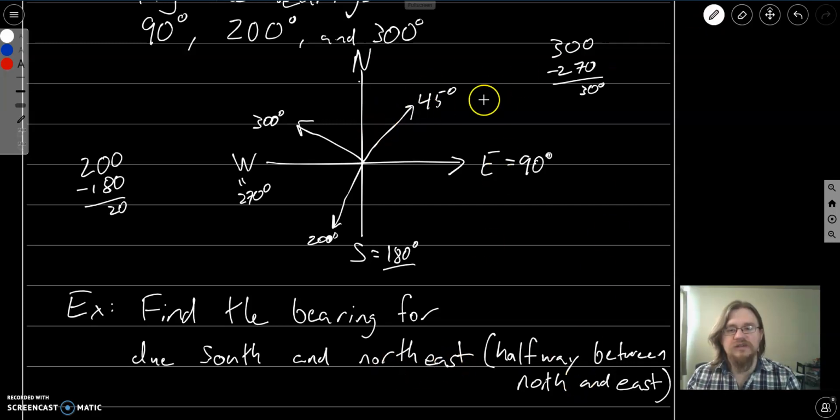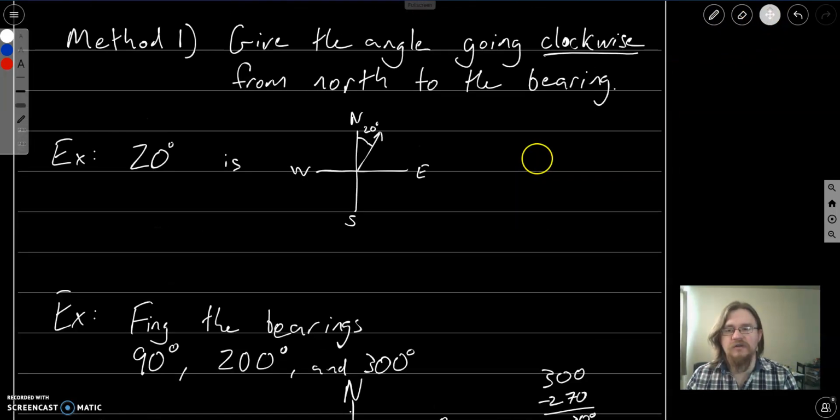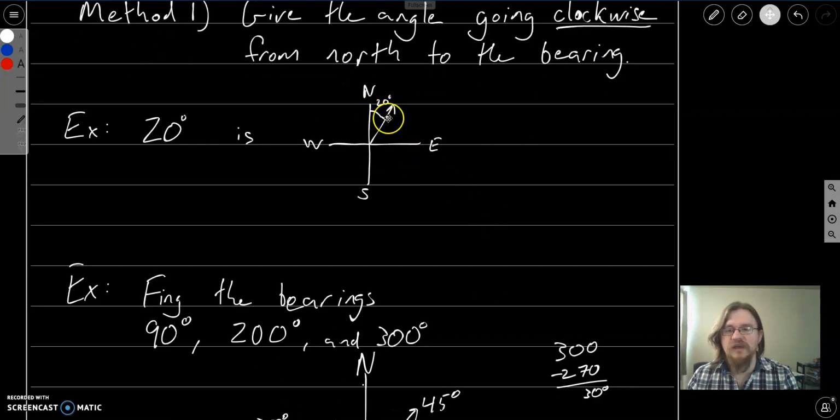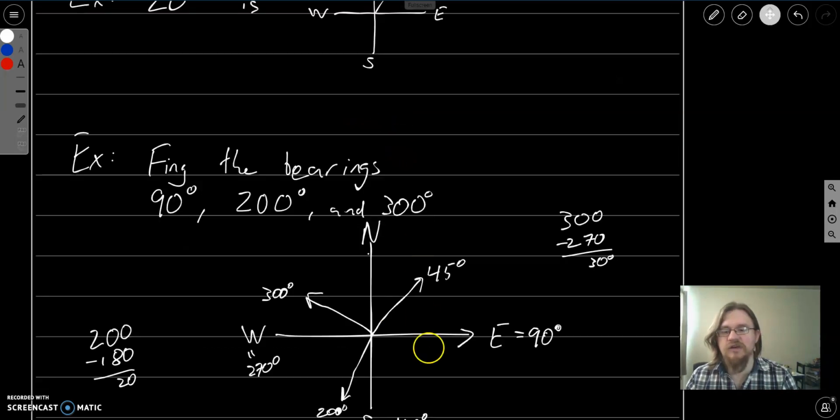So northeast is a bearing of 45 degrees. This is one method for giving a bearing. Again, you see how many degrees past north you have gone in a clockwise direction.